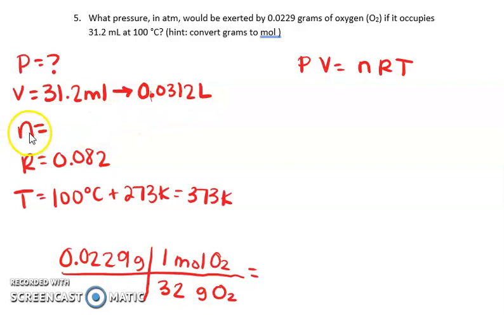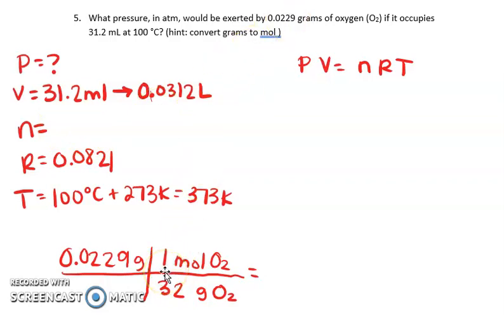I've got the number of moles, which they didn't give us, but if you look at our hint, we can convert grams to moles, which I'll do here in a minute. I've got my R, which is 0.0821. And then I've got my temperature, which is 100 degrees Celsius, plus our 273 to get 373 Kelvin. Going back to my number of moles, I can find that using my grams.